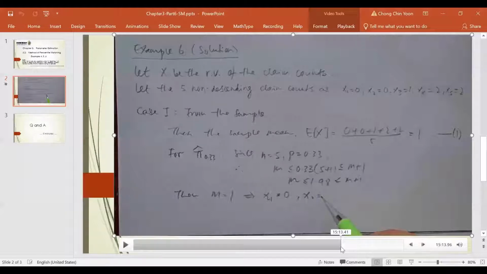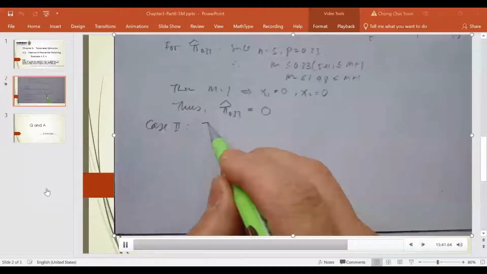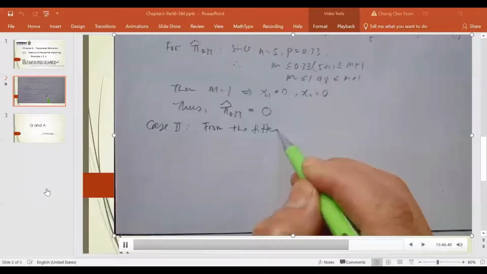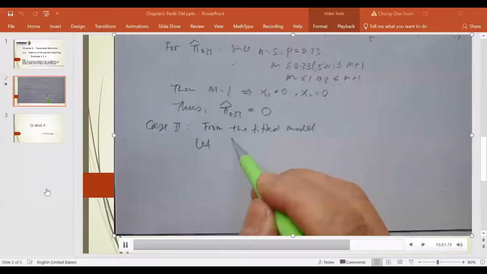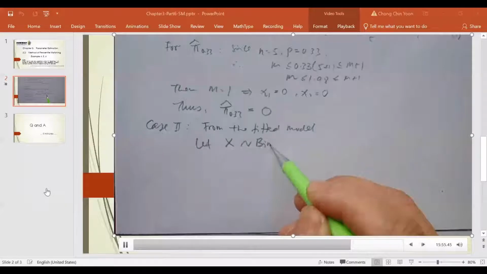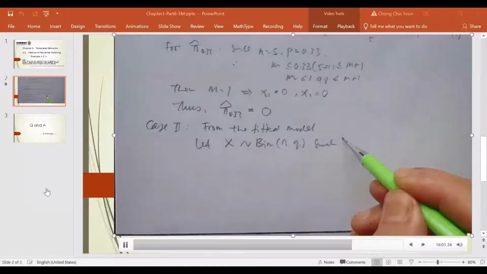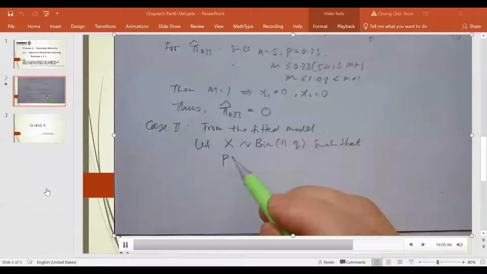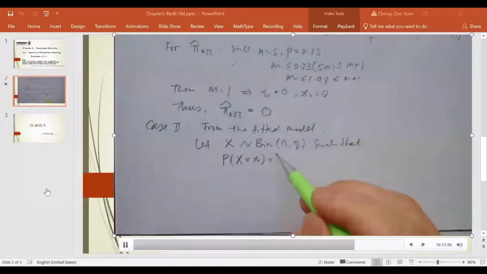Case 2. Let's consider the fitted model. Let X be the binomial distribution with the parameters n and q, such that the PMF of this binomial distribution at X is given by this formula.